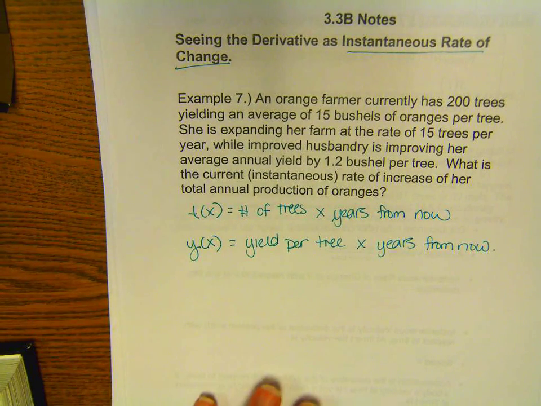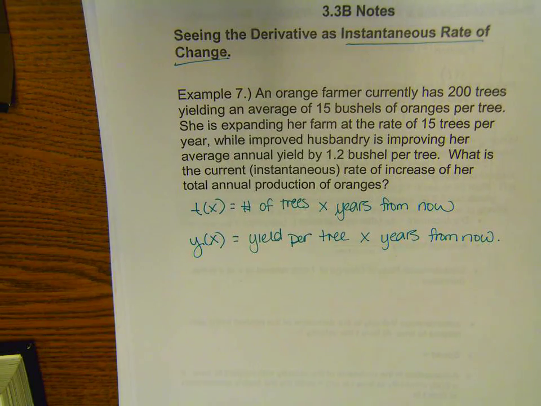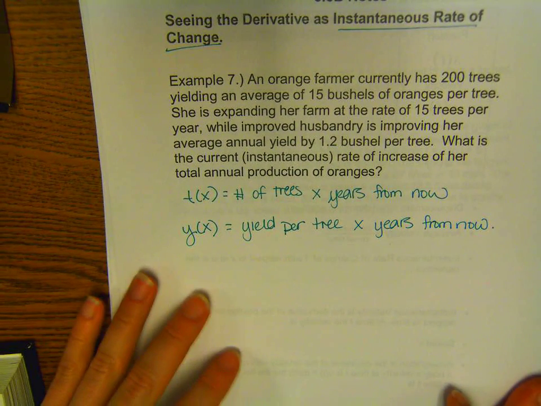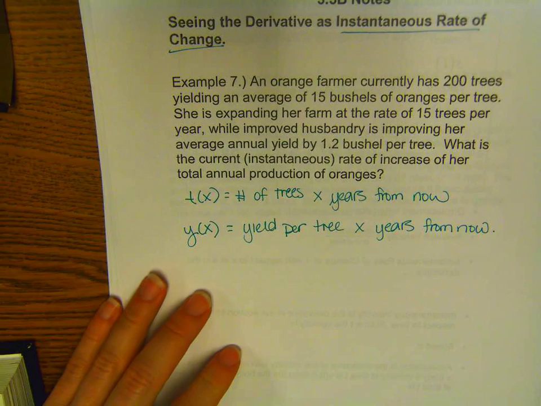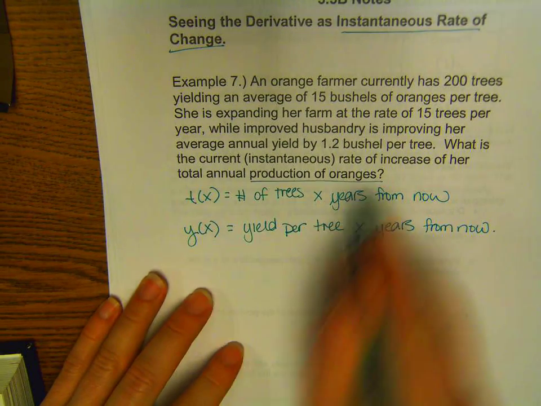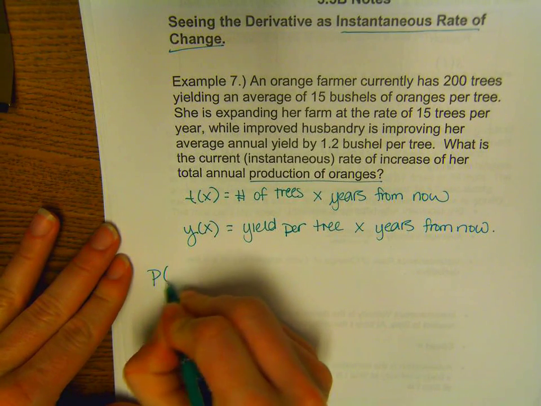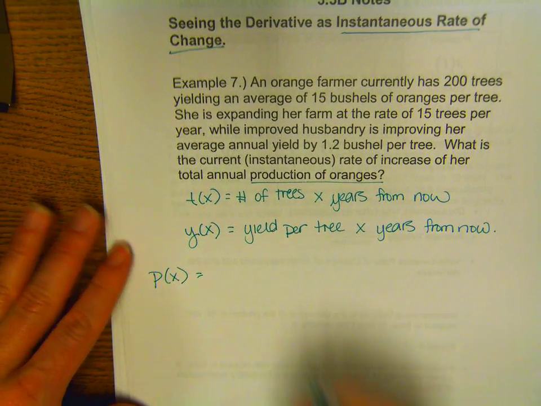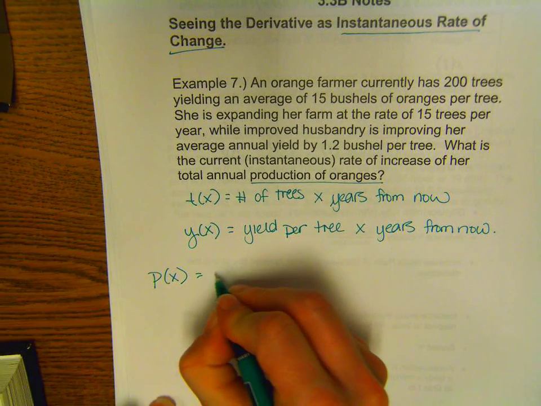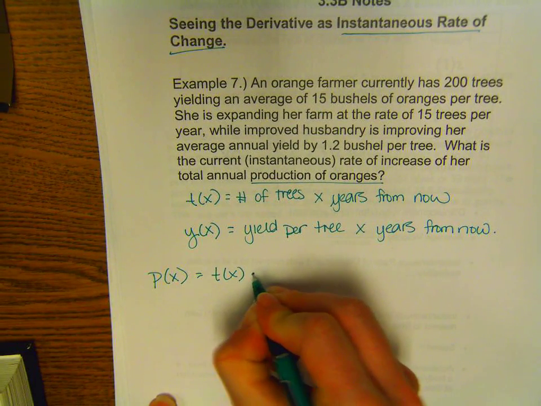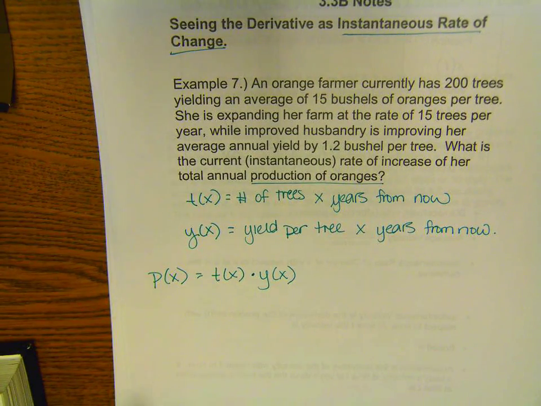So if I wanted to figure out what the production of oranges was, would you agree you'd have to multiply those things together? So I'm going to write this equation: P of x equals T of x times y of x. That's the production of oranges.